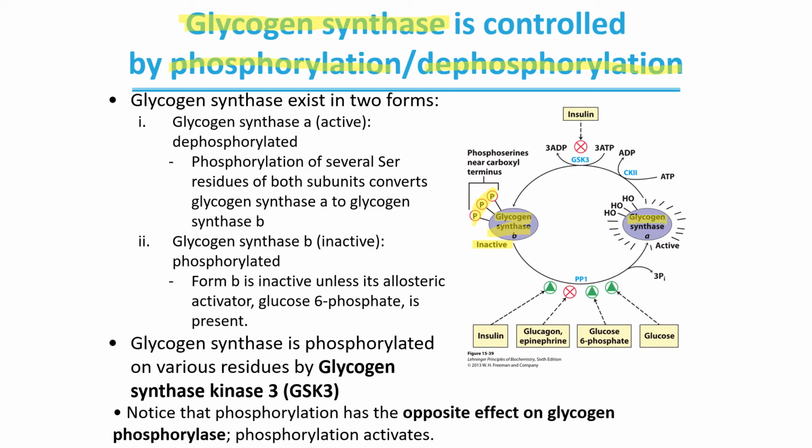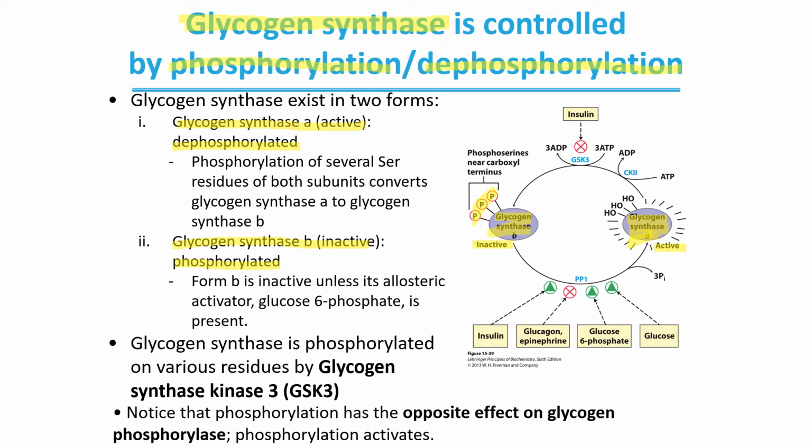As we can see on the right side, glycogen synthase A is the active form, which does not have phosphates attached to it. So the dephosphorylated form is the active form, whereas the phosphorylated form is the inactive form. That is one thing that you must remember out of this slide. So phosphorylated is the inactive form. Now how to make it active or inactive, we have different mechanisms.